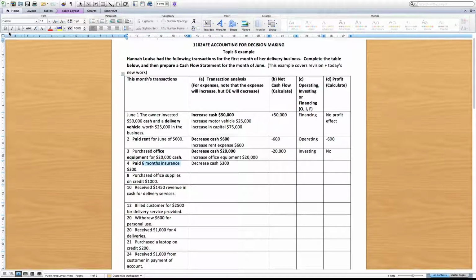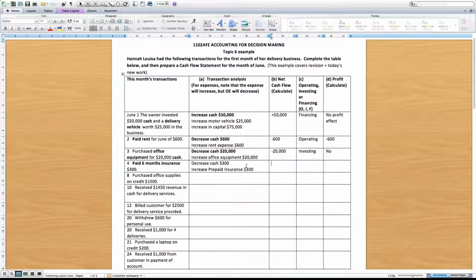So that's different to just paying for an expense. We're paying for 6 months insurance up front. So that means we're dealing with a prepaid asset or prepaid expense. So increase prepaid insurance for $300. Just bear in mind that prepaid insurance is a current asset account.